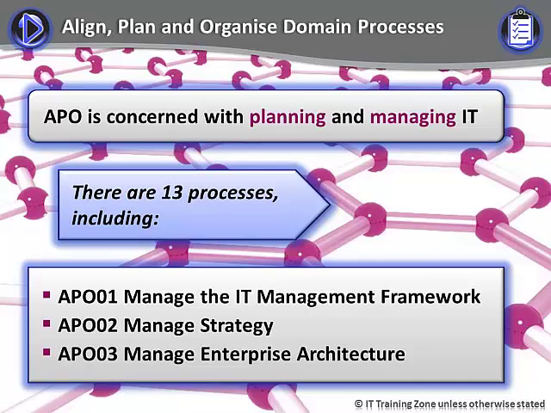APO02 Manage Strategy. To manage the IT strategy and ensure that it aligns with the enterprise strategy. APO03 Manage Enterprise Architecture. This process is concerned with establishing standards, templates, guidelines, procedures, and so on that will support the strategies and objectives of the enterprise.